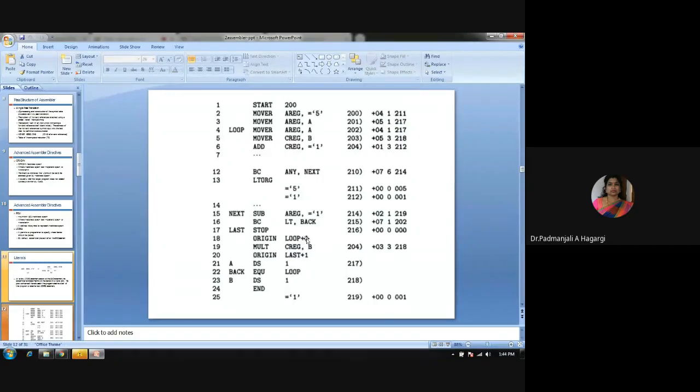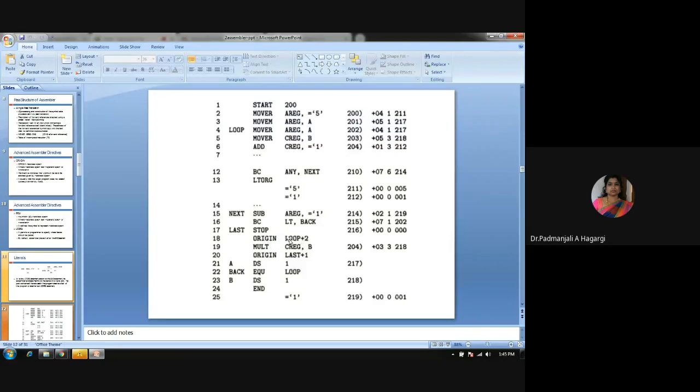The location counter is incremented by 2, because ORIGIN was found at the label called LOOP, and LOOP was found to be at 202, and plus 2 is there.